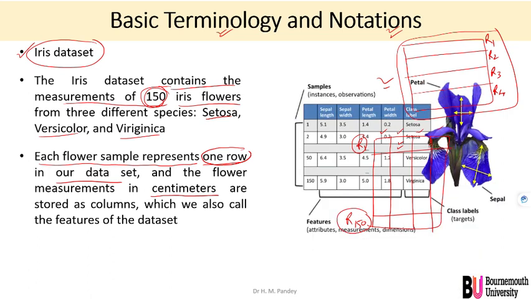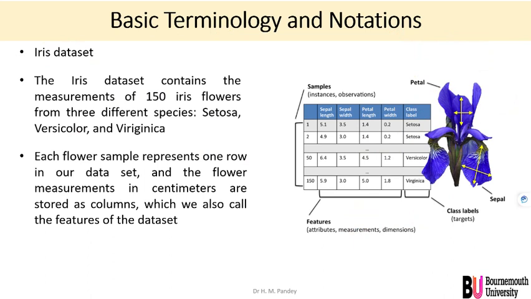This is the example. You can see, you have row number 1 to row number 150, so 150 flowers' information is stored. 5.1, 3.5, 1.4, 0.2 is for this flower, the Setosa flower.